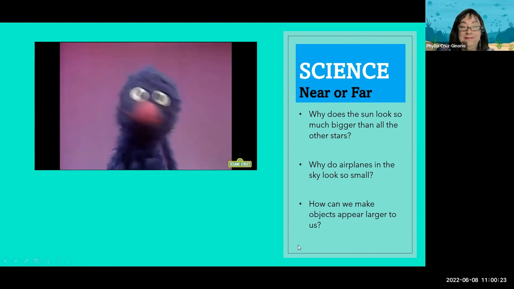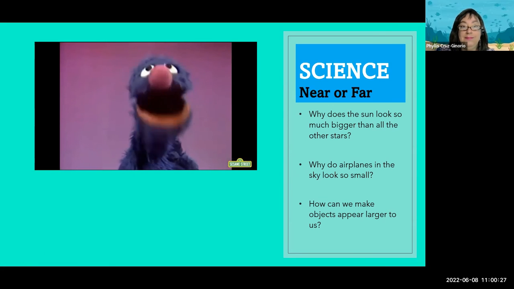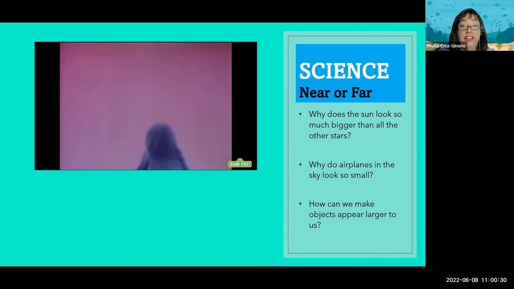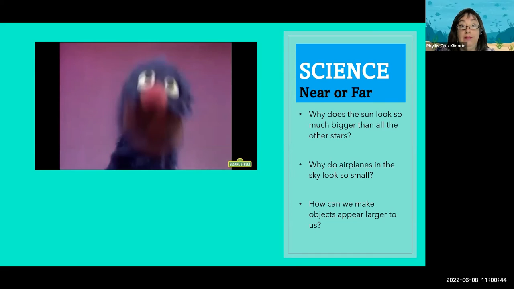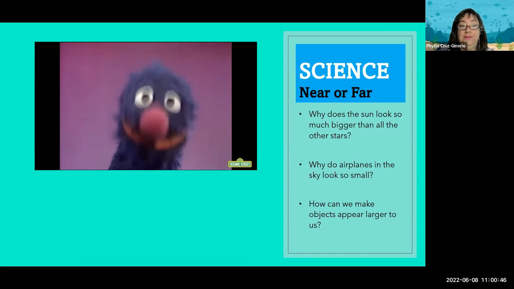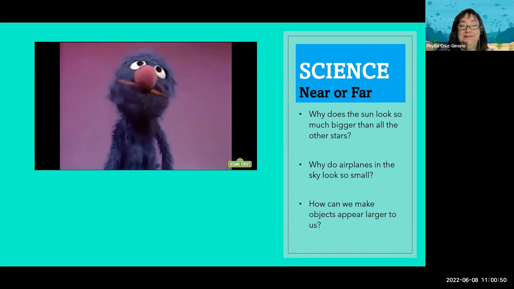Hello there. This is your old pal Grover. And today I'm going to talk to you about near and far. In fact, I, little furry Grover, am going to show you near and far. Okay, here goes. First, this is near. Right here, near. Whoa, where's he going? This is far! Oh, wait, he got really small. Oh, he's big. This is near. You see? I'll do it once more for you, okay? This is near.